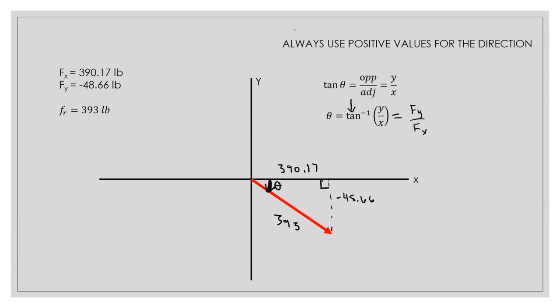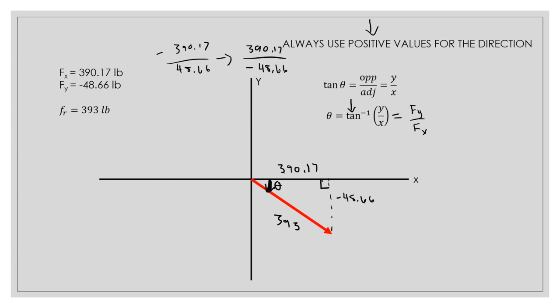One thing I need to mention is to always use positive values for the direction. The reason is that when you insert something like negative 390.17 over 48.66 into the calculator, that is the same thing as positive 390.17 over negative 48.66.